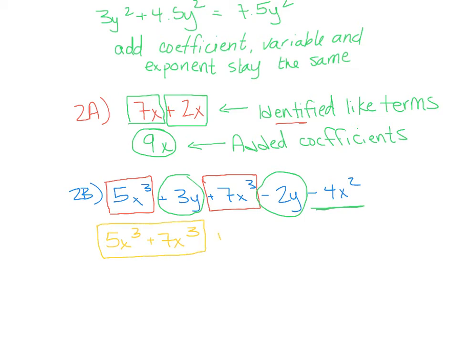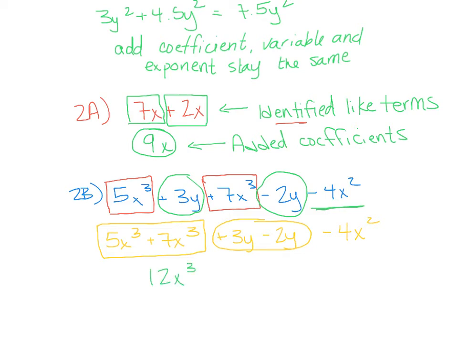Then we're going to take plus 3y minus 2y, and I'm going to put that all together in a circle, and then I'm going to have minus 4x squared. So now I'm going to follow the signs. So in this first box, I'm going to add my coefficients. 5 plus 7 is 12x cubed.